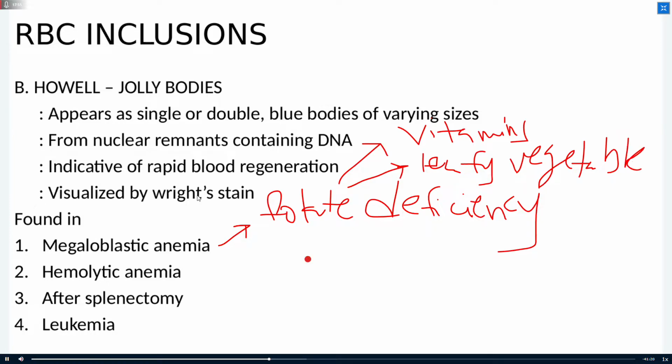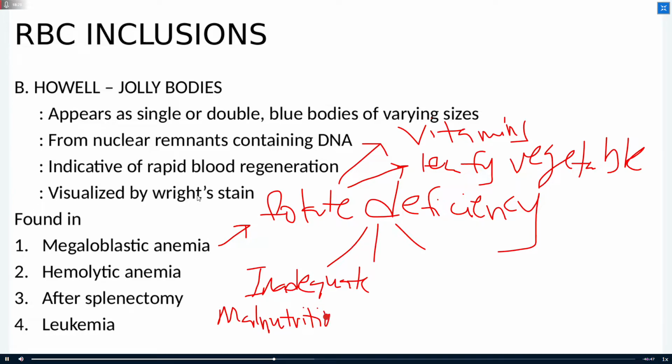So based on this, class, how would you get folate deficiency? Inadequate intake. Very good. So inadequate intake is also known as malnutrition. How about the other reason?